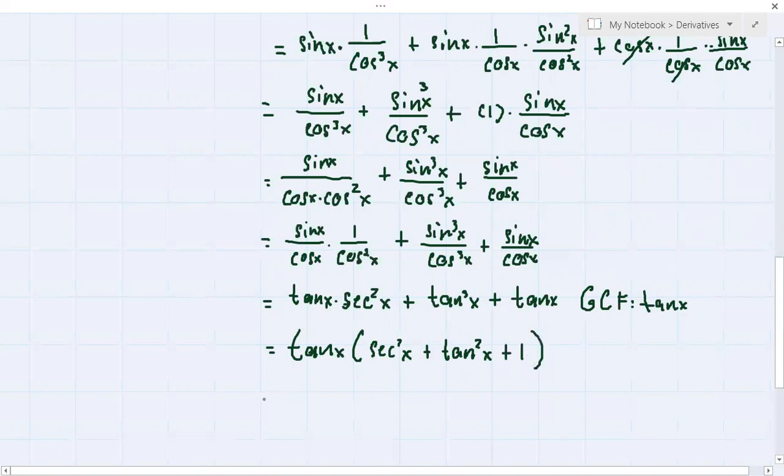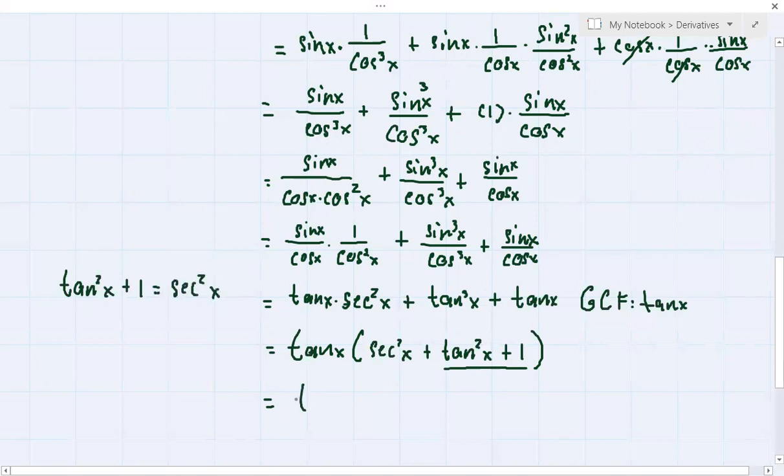Okay? Then, pwede pa natin itong i-simplify pa. We can still simplify this one. Okay? Because, remember, tangent squared x plus 1 or 1 plus tangent squared x is just the same as secant squared x.